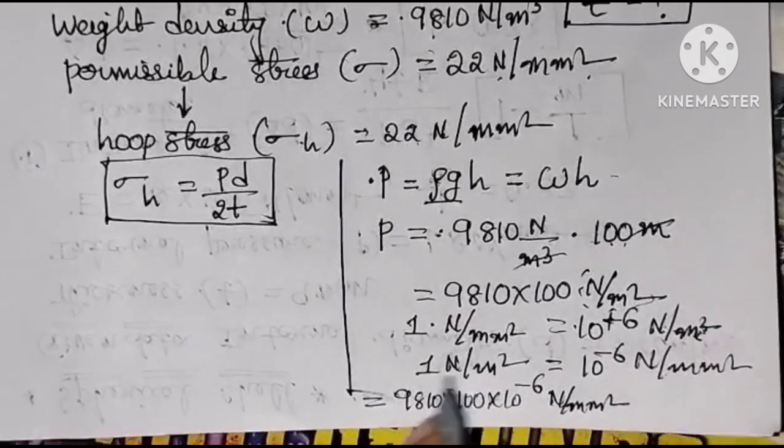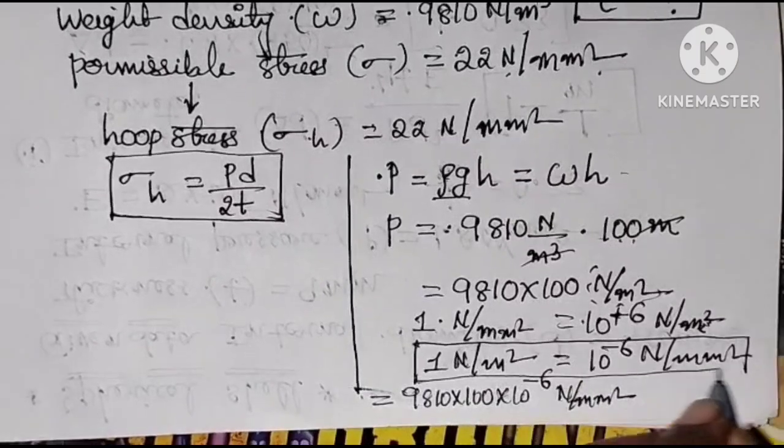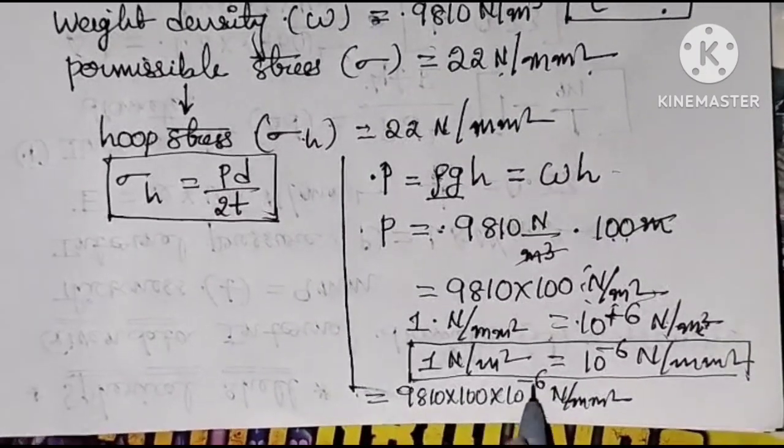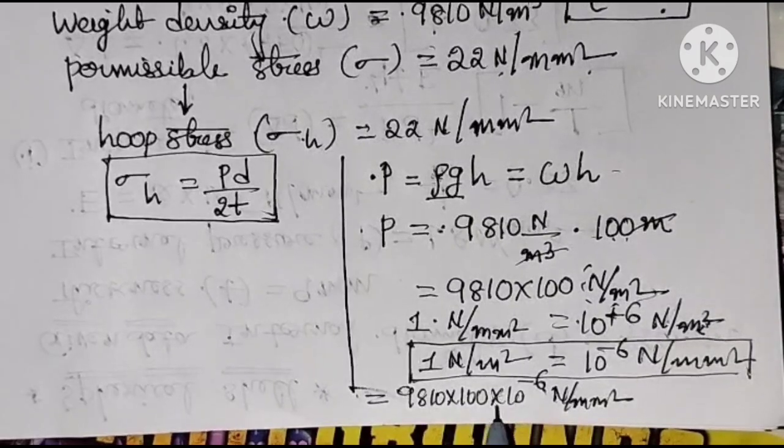I am using this conversion. 10 to the power of minus 6 means we have to move the decimal point 6 places.